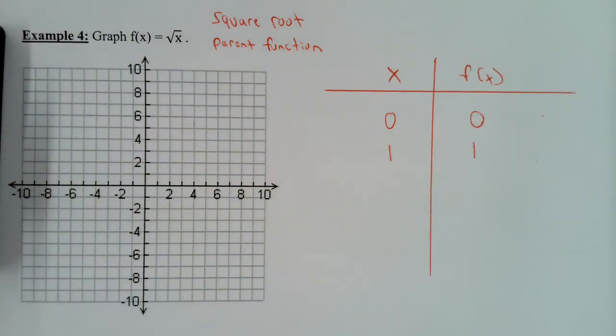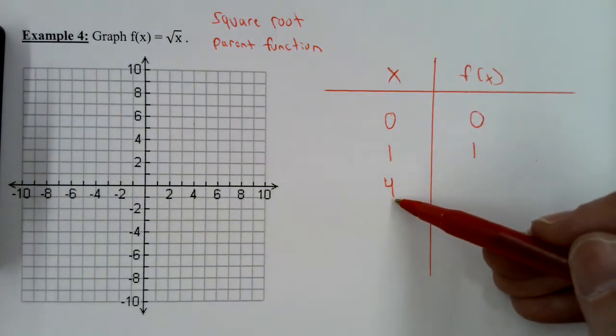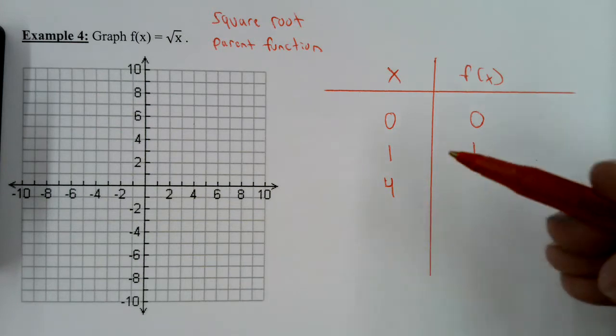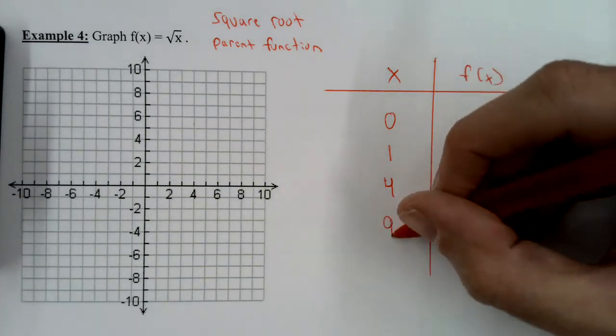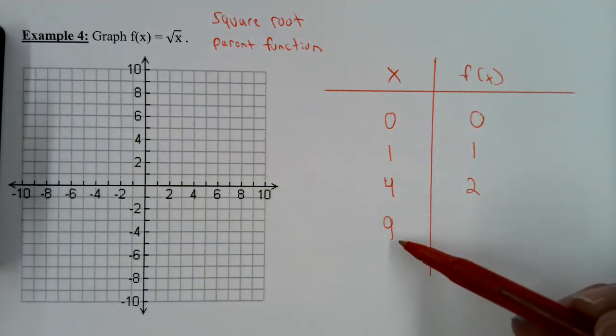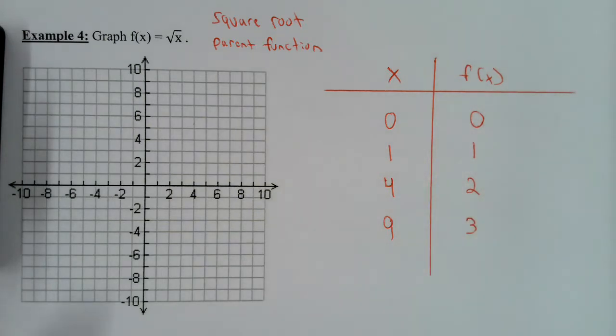The next one I'm going to choose is 4 because I can easily do the square root of 4. The square root of 4 is 2. Next, I'll do 9 because I can easily do the square root of 9. That is 3. And I'm going to graph those points.